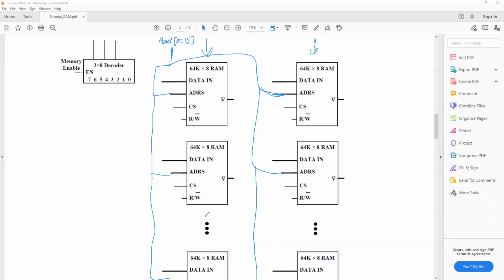The total number is 8 chips here and 8 chips here. Why do we need 2? Because our data bit is 16. So this one will give me data out from 0 to 7, and this will give me data out from 8 to 15.